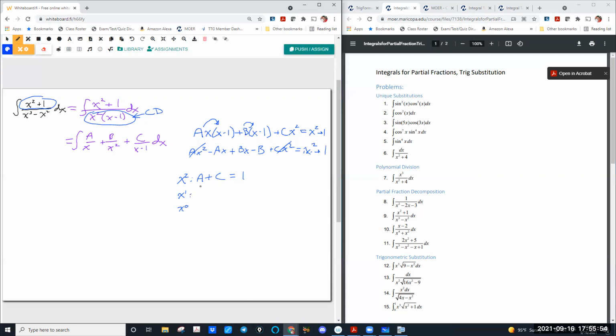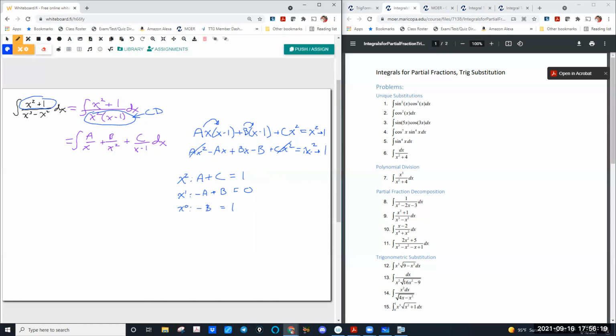X to the first. I've got a minus a plus b. No x's over there, so that equals 0. X to the 0. I've got minus b. That equals 1. And there is our system.